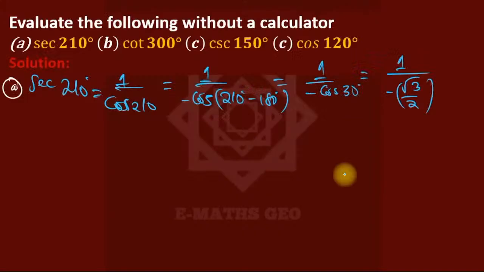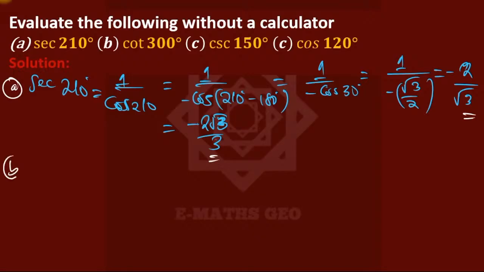So the answer is now minus 2 over root 3. Or you might decide to rationalize, multiplying by the conjugate, which is root 3, so it's now minus 2 root 3 over 3. That's multiplying both numerator and denominator by root 3. That's rationalizing. It's either this or this, anyone.